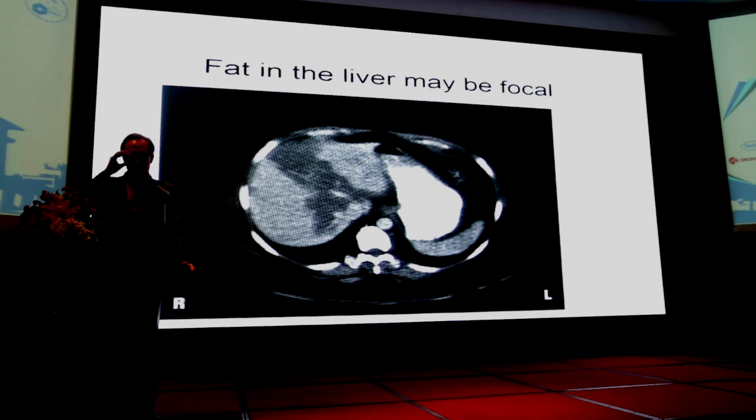Remember, the standard today for liver cancer is not a liver biopsy. The standard of care is not alpha-fetoprotein. The standard of care to diagnose liver cancer is CT or MR using a special scoring system called LIRADS, L-I-R-A-D-S.